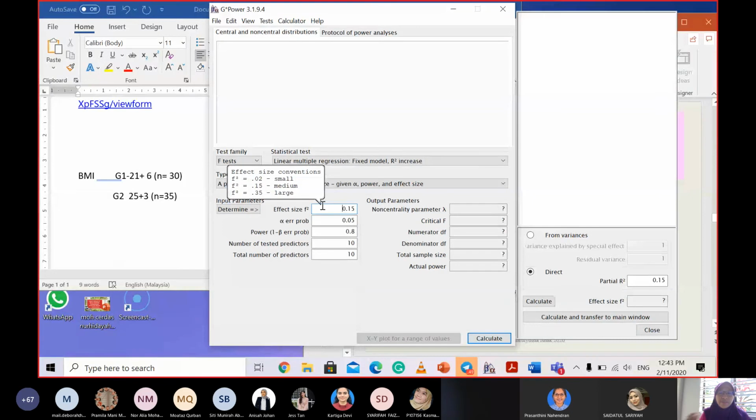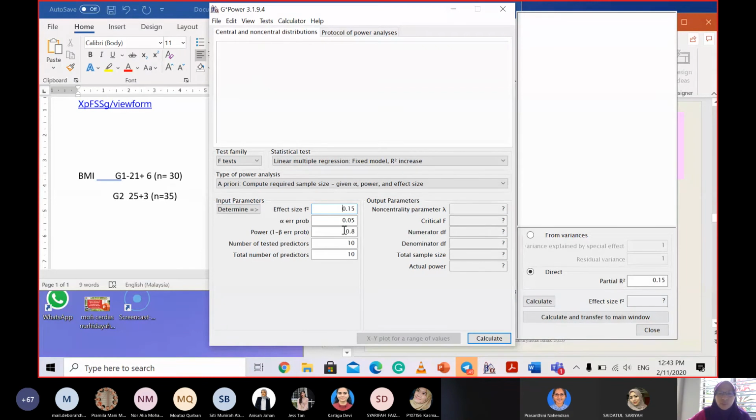For me, I will choose medium, 0.15. I don't want to use the large one. I use medium or between medium and small.